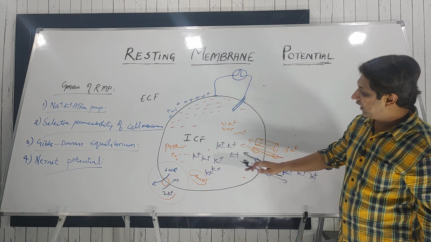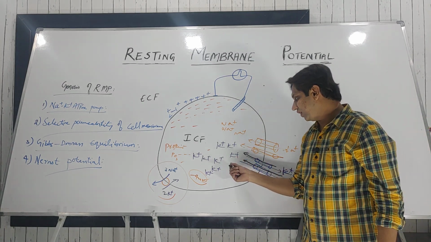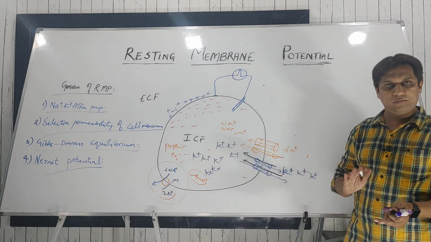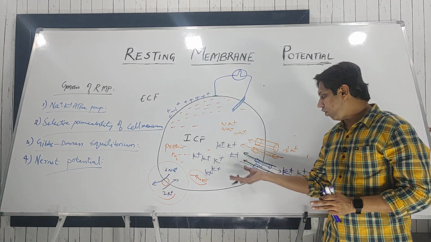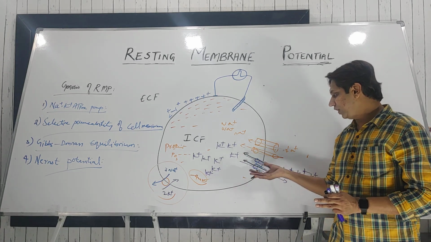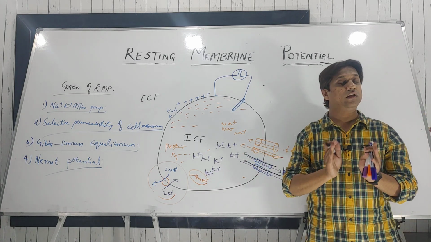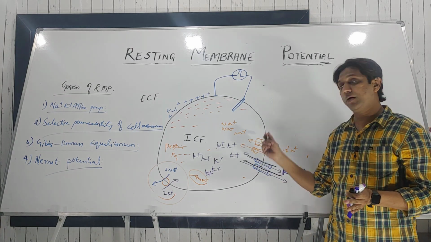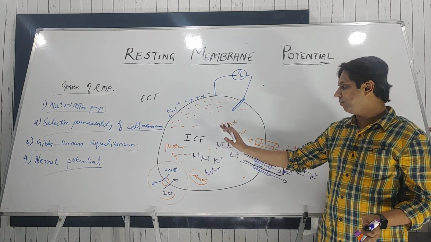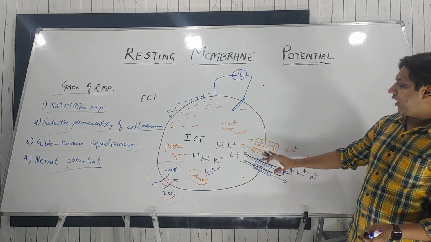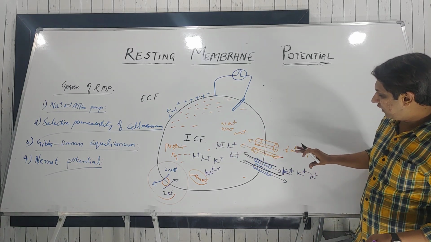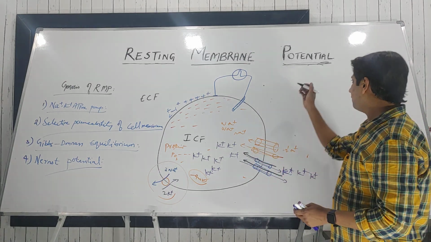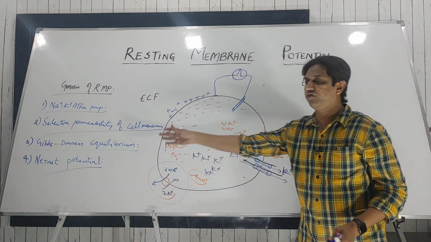Now a stage will come when the concentration gradient will be equal to the electrical gradient, and there will be no net movement of the ion across the cell membrane. That is, whatever potassium is remaining inside will remain inside only, and whatever is remaining outside will remain outside only. That stage is known as equilibrium potential, and it is given by the Nernst equation.